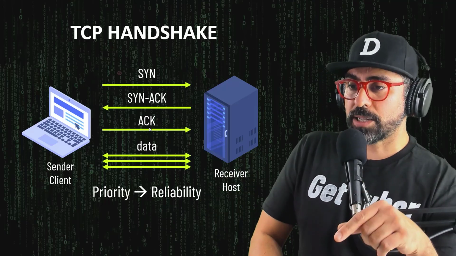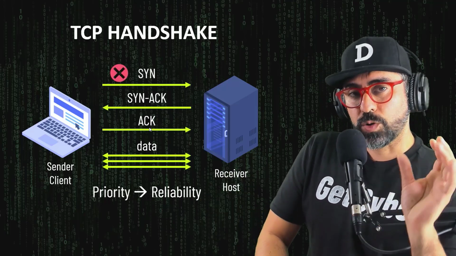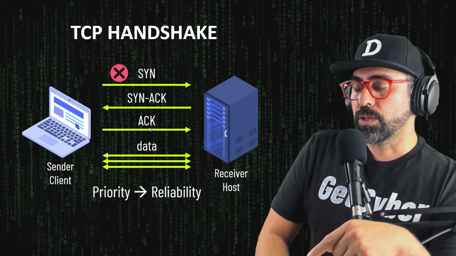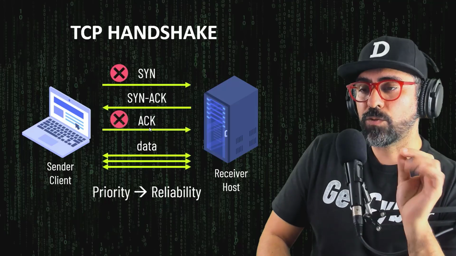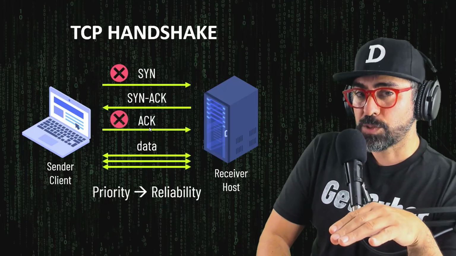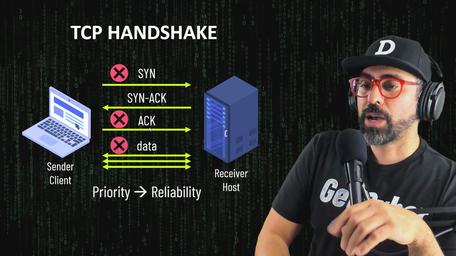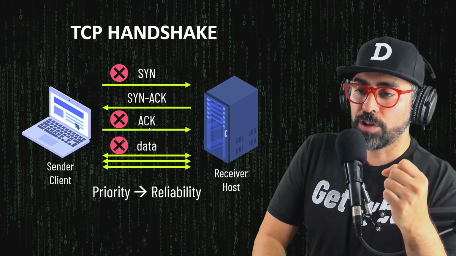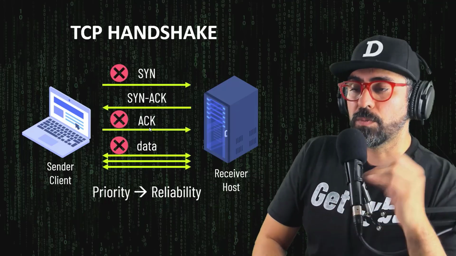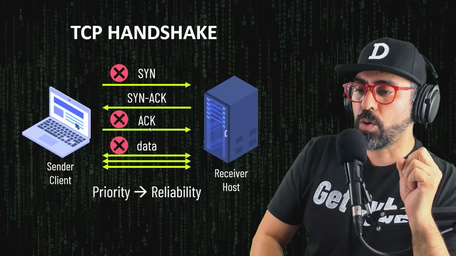You can have a DDoS attack right at the beginning, when the sender is sending a synchronize packet to the host, or you can have one where the sender is sending the acknowledgement packet to the host, or you can have what's called an HTTP flood. So the whole handshake is already done, and now I'm starting to bombard you with HTTP requests.